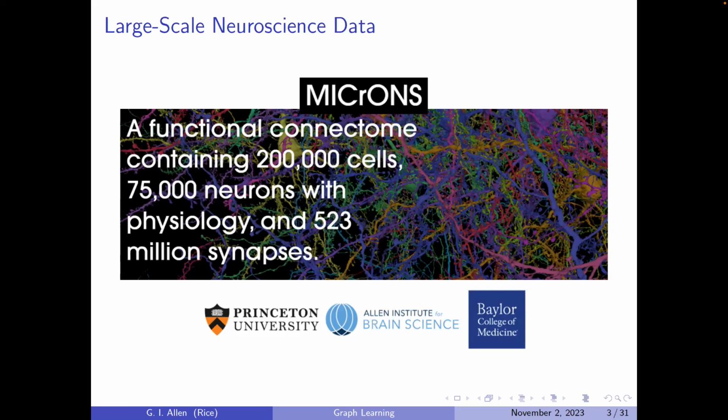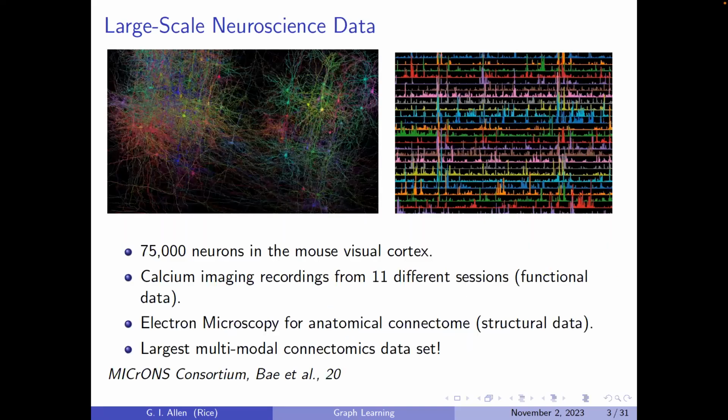It was about 200,000 total cells and about 75,000 total neurons. The data that we're interested in are two modalities of the data collected from this project. And I should mention this project is about a $150 million funding effort to collect this data. So this was a massive undertaking, and it's still ongoing.